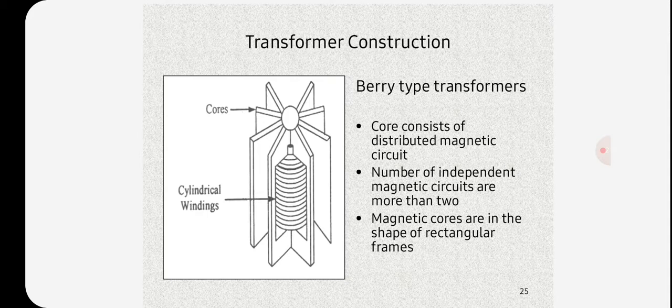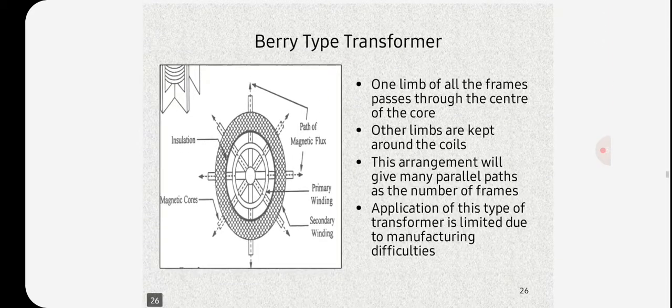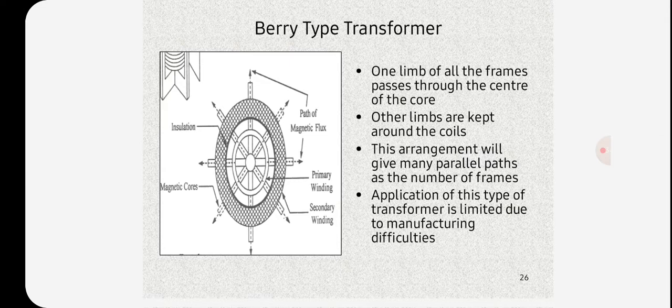In Berry type transformers, the core consists of a distributed magnetic circuit. The number of independent magnetic circuits is more than 2. Magnetic cores are in the shape of rectangular frames. One limb of all the frames passes through the center of the core.